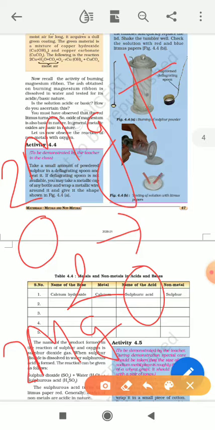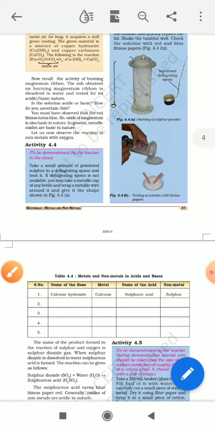So one term you use in place of rusting, what will you use now? Corrosion. Clear. Because corrosion is a more appropriate word for rusting. Here I am giving you one more example, about copper. If you have seen copper vessels at your home, you can observe a green deposition over the copper vessel.